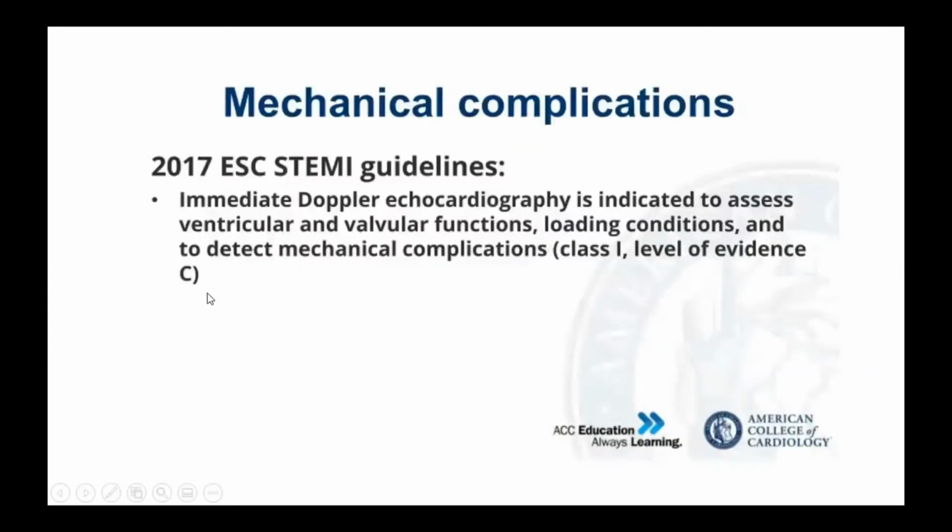So the message here is that for patients after PCI who went to the CCU, you always keep in mind that they might develop any kind of complication in the first few hours up to the first 5 to 7 days. Whenever you have any suspicion, always grab the echo probe and assess the patient.